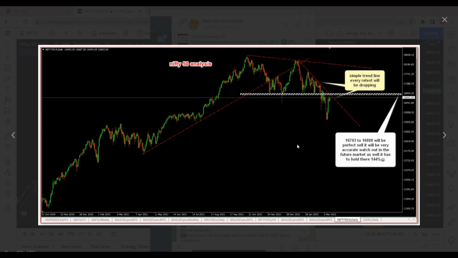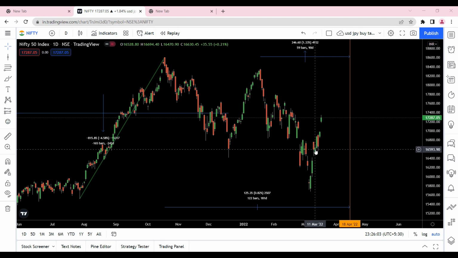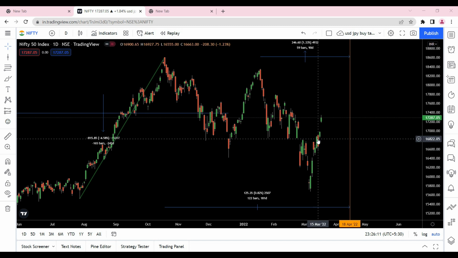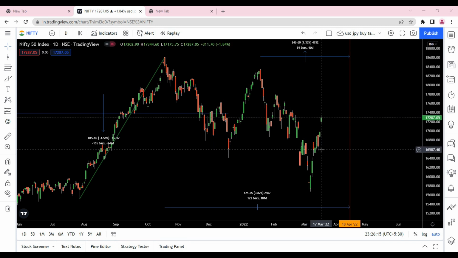The next forecast which I gave was that the price should be a perfect sell around 16888 or so. So you can see 16888. On top you can see 16887.95. It's the high price of this day, and from there was a drop of around 150 to 200 points or so.